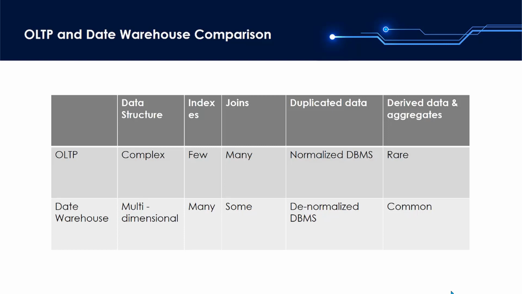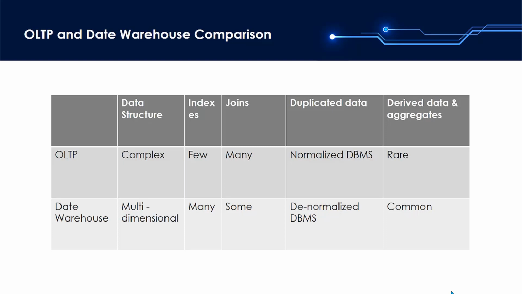Now, in a typical OLTP implementation, we'll find fewer indexes as compared to a data warehouse, since data warehouses are implemented for search and analysis. We'll find multiple joins in OLTP as compared to the data warehouses, where we find fewer joins. And this is mainly because we have a higher level of normalization in OLTP, whereas in the case of data warehouses, the data are generally denormalized.